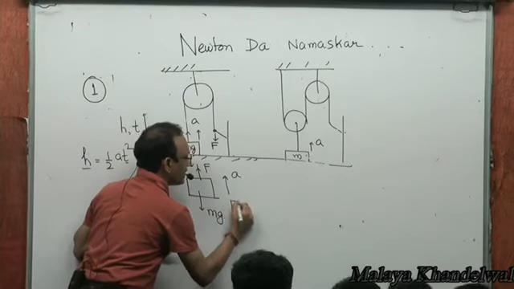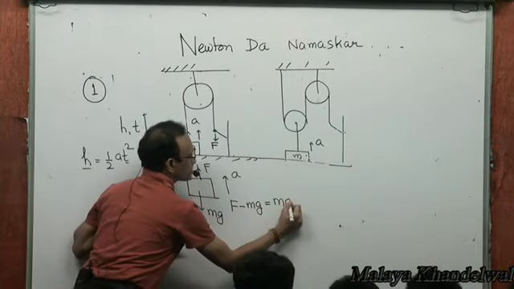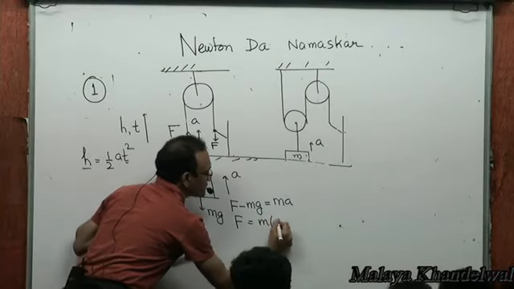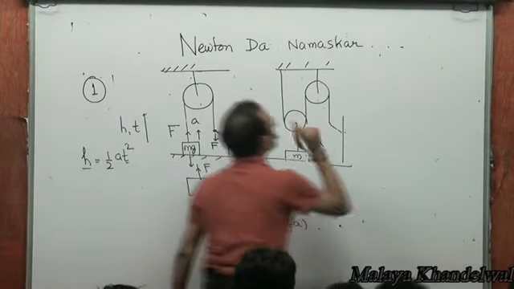So this gives me F minus mg is ma in the first situation. The force required to produce an acceleration A in this mass, F equals m(g plus a) in the first situation, yes or no? Right?